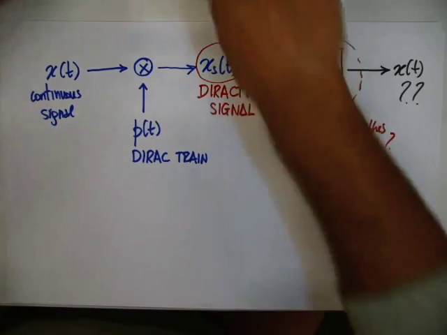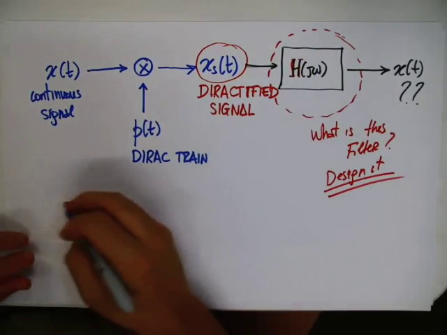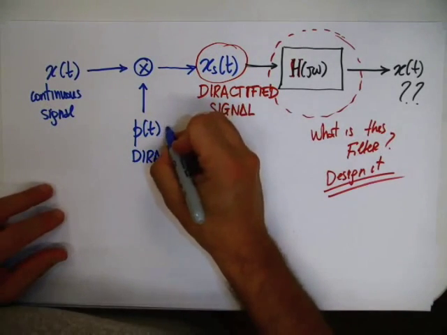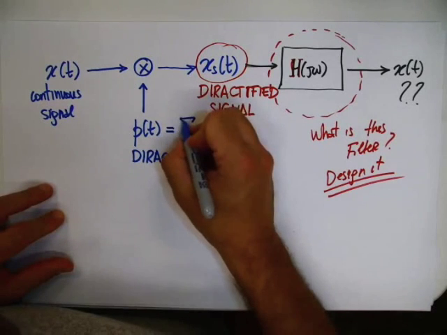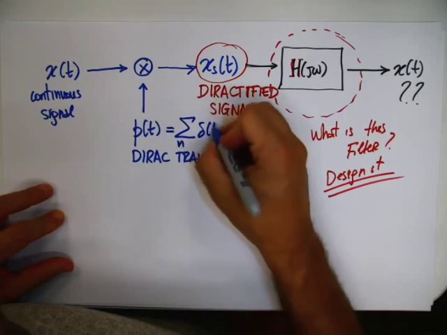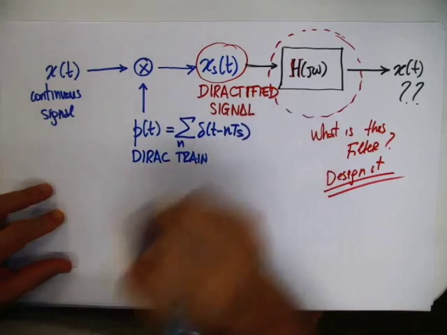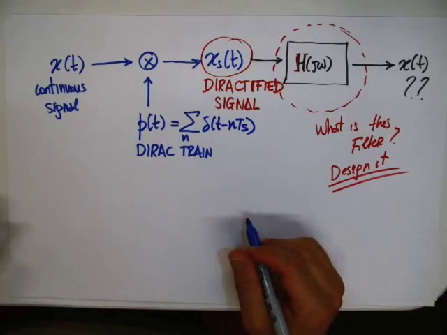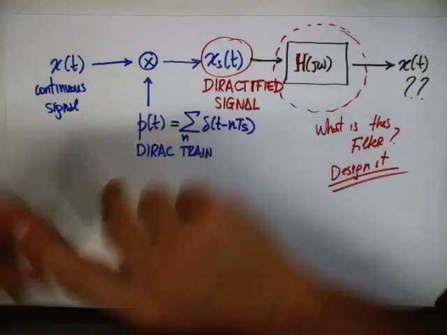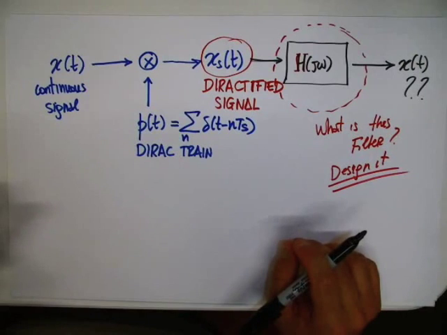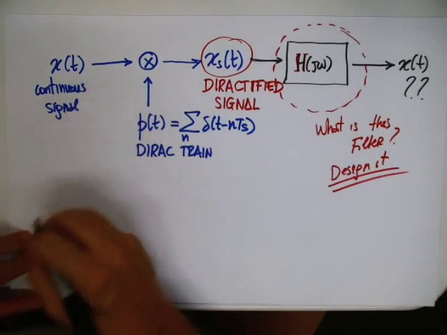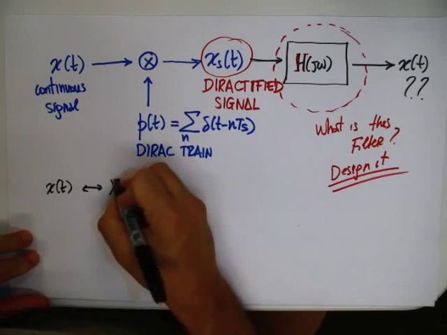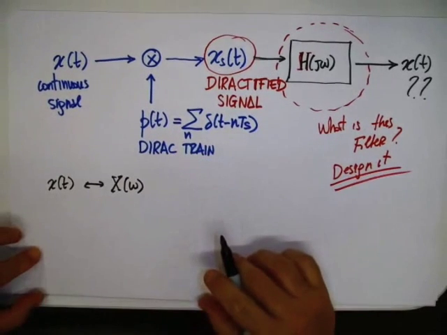So we need to work in the Fourier domain. And of course, the Dirac train is this. We've already seen the Fourier transform of the Dirac train, and we're going to revise it again today, and since we already know x of t, we can immediately compute this Fourier transform.